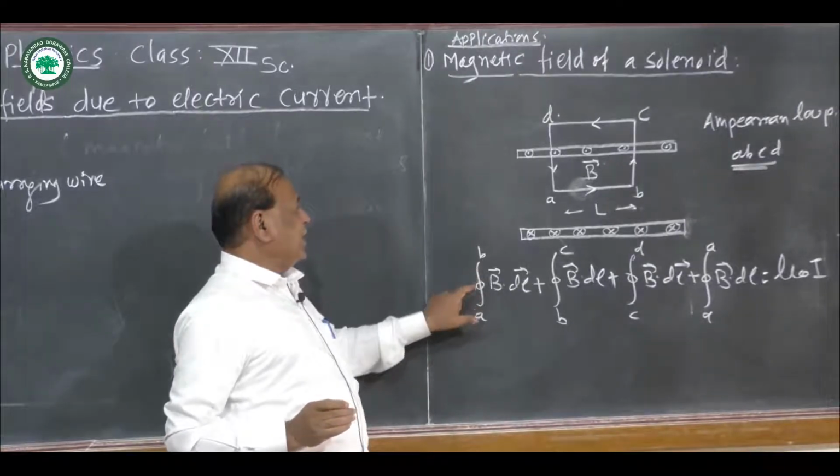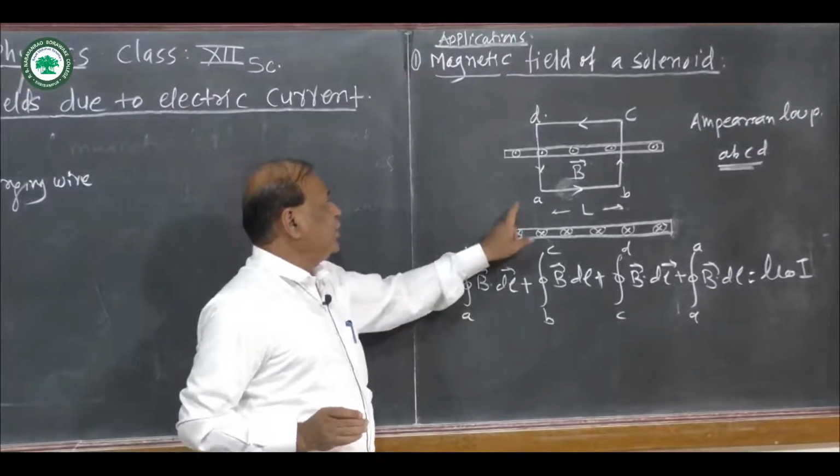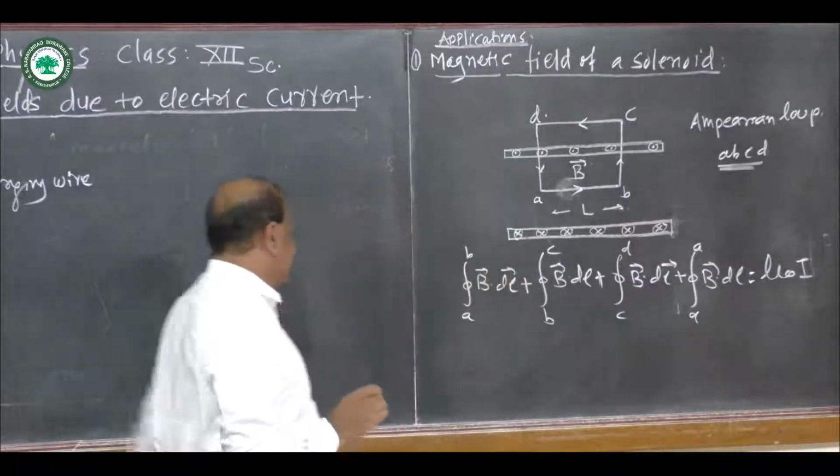Now the closed line integral from A to B stays as it is.